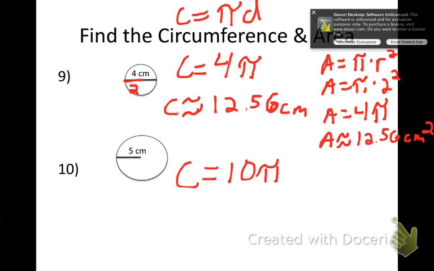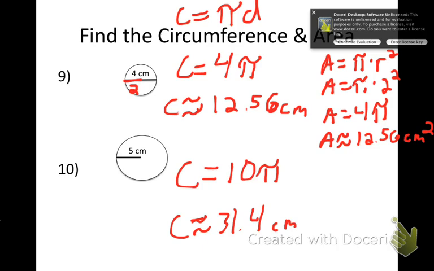Now I can take it times 3.14. That's pretty good mental math because I'm multiplying by 10. What do I get for an answer, Tina? 31.4. Nice work, sir. 31.4 centimeters.